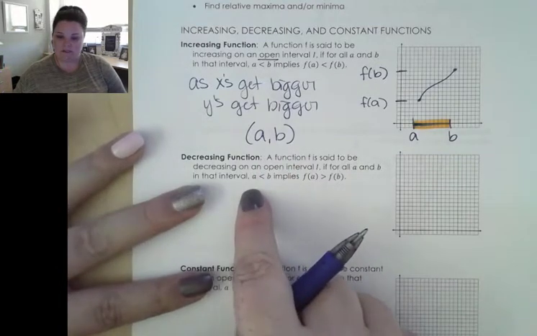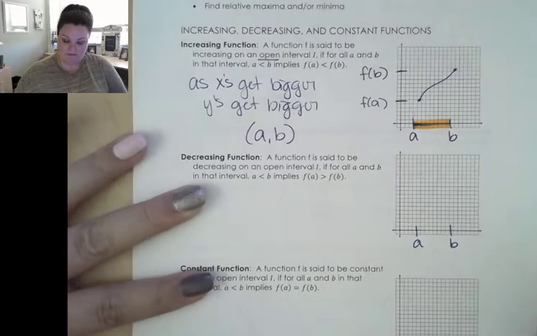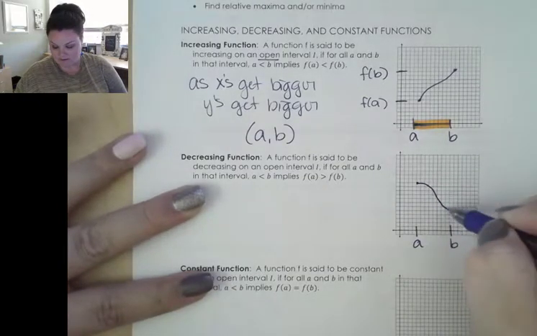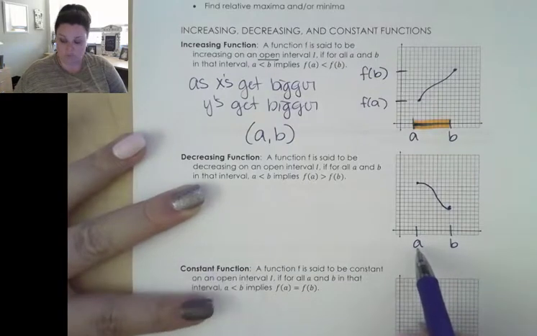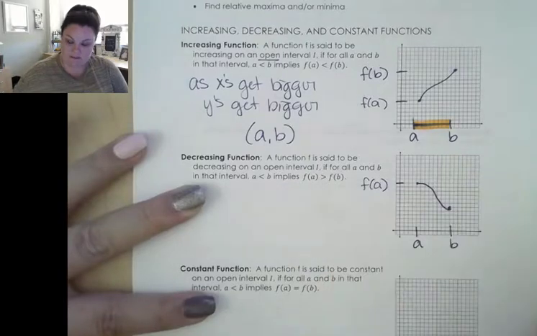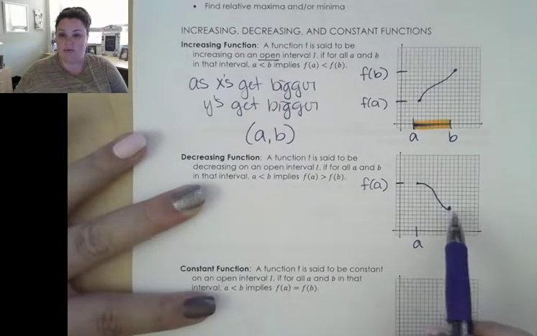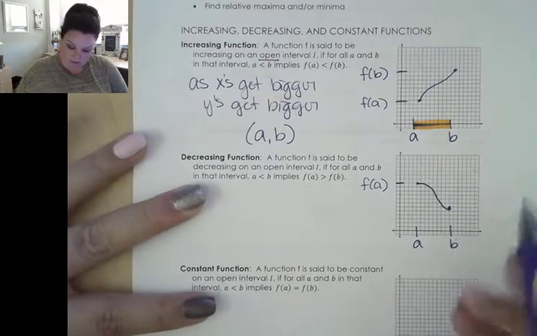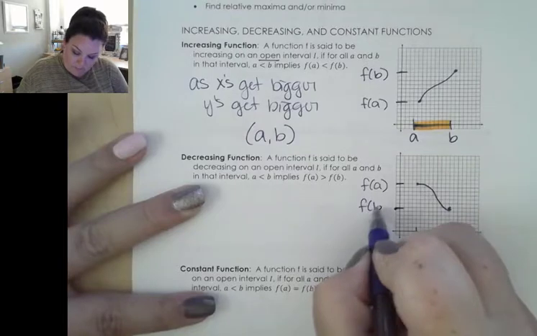Same thing with decreasing. Let's say here's our a and here's our b. If a function is decreasing, let's say it looks something like this, then notice my very first endpoint, my y value of a here, is going to be the higher point. And then if it's decreasing, it's going to fall down to the end of that interval, which is b. So this would be my f of b point.